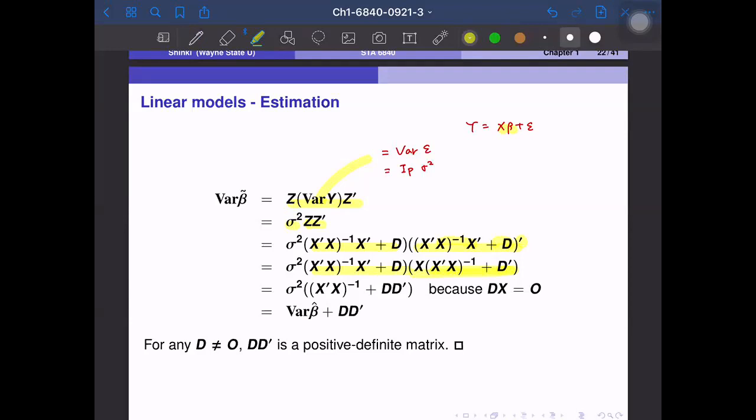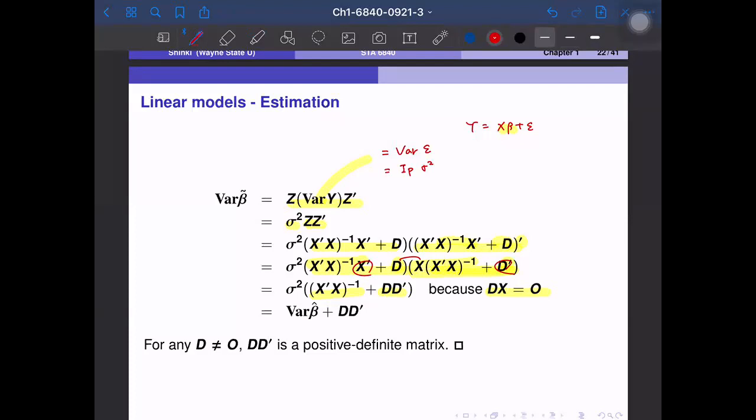Then, if we expand, we have 4 terms. The first term times the first term, X transpose X and X transpose X inverse cancel, so that becomes X transpose X inverse. And D times D prime just remains. The other terms disappear because of the condition DX is equal to the 0 matrix. You can see D times X and also X transpose times D transpose.